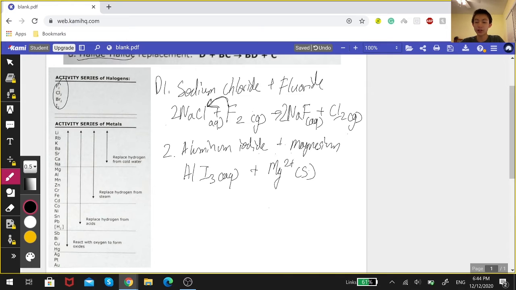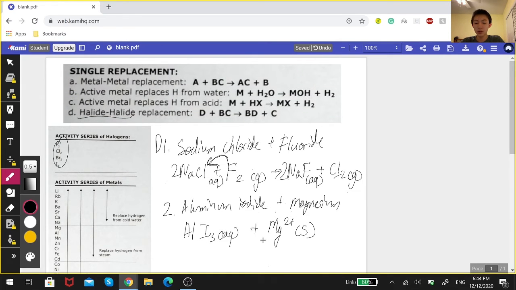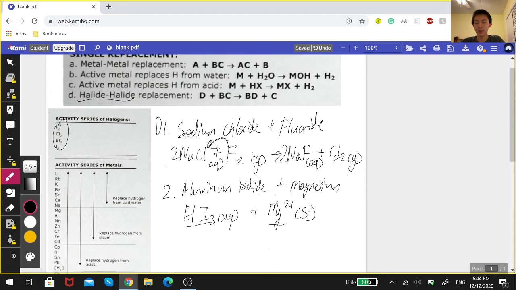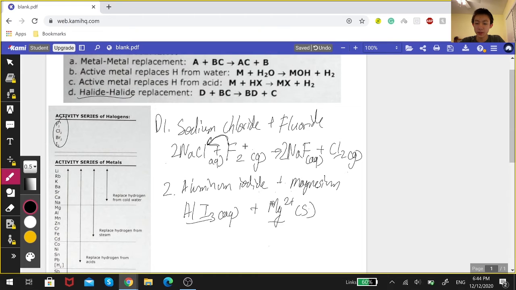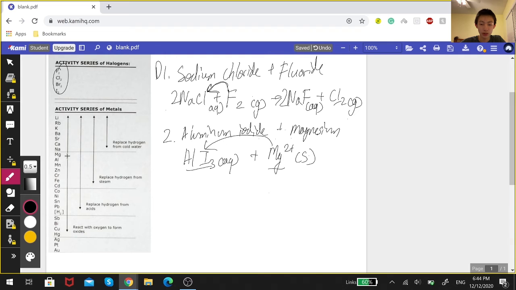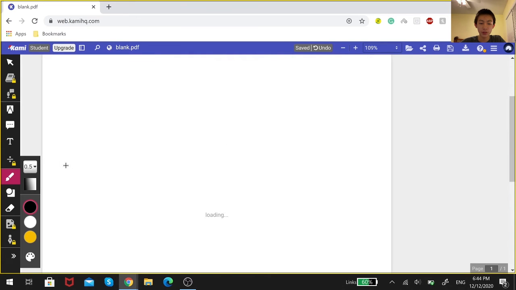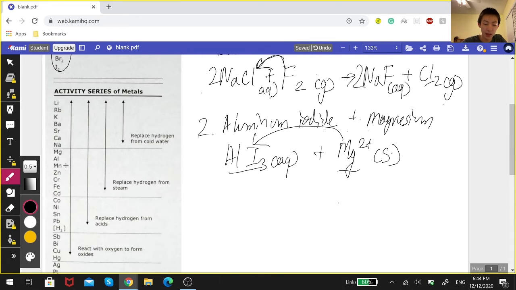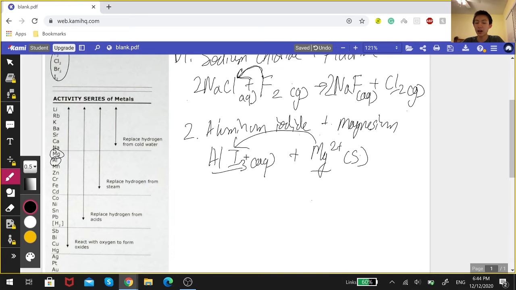Now this time we're not dealing with a halogen, we're dealing with two metals. So this will be type A. We have a metal, and AB plus C will result in CB plus A. Will that work? Mg is trying to kick the metal out. Can Mg kick Al? We're going to look on this chart, and we can see that Mg is above Al, which means Mg can successfully kick Al out of this compound.